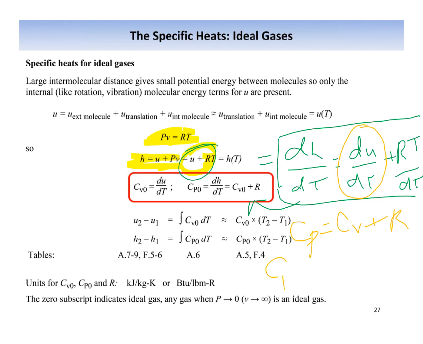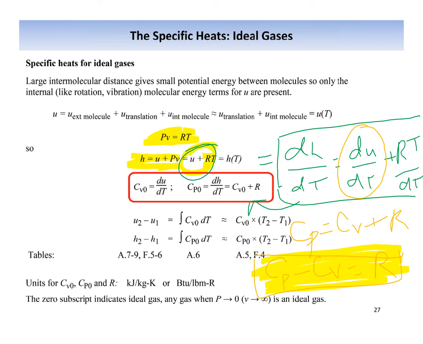So Cp minus Cv is equal to R. This is what we were trying to achieve. So if we talk about the gas constant of any specific gas at certain temperatures, we will note that it is the difference of specific heats at constant pressure and constant volume.